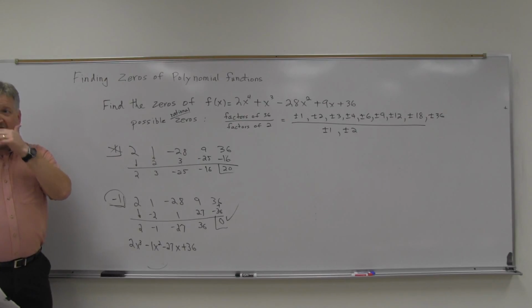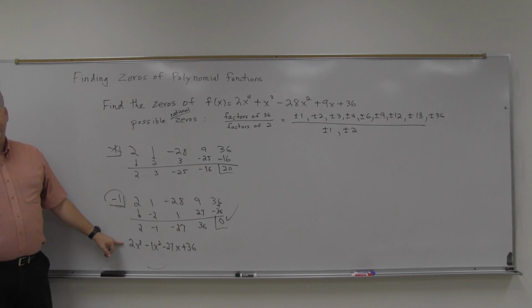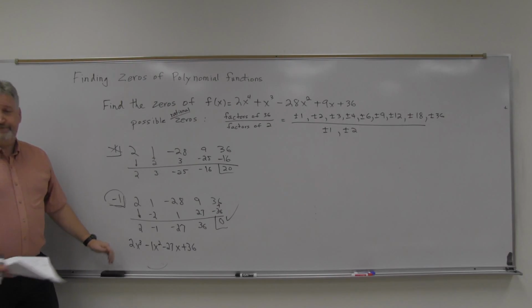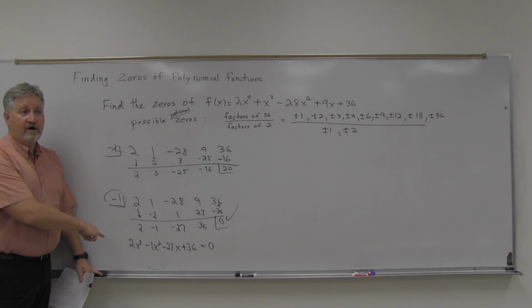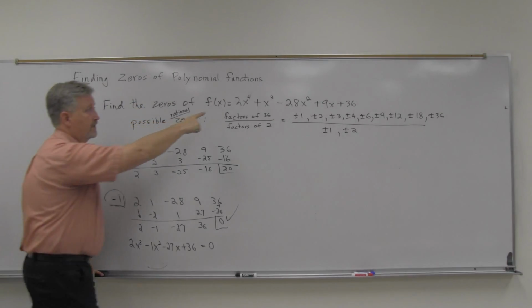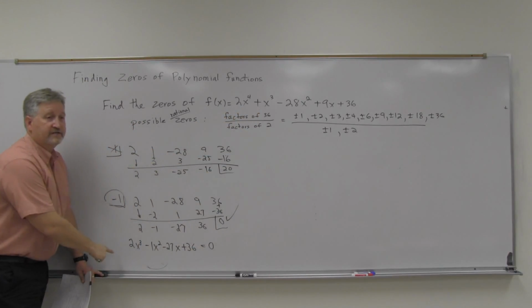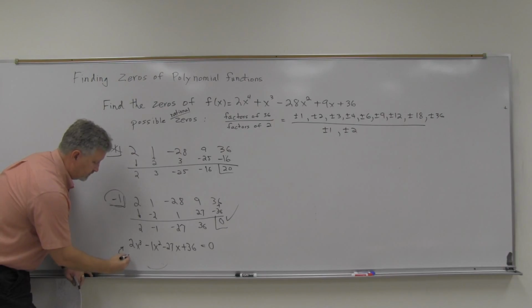Unlike the previous one where it came out to be an x squared, which I know the quadratic formula or factoring for, I can do the same process on this that I did on that. When I start with 2x to the 4th, now it's a 2x cubed, so I can use my synthetic division on this one.